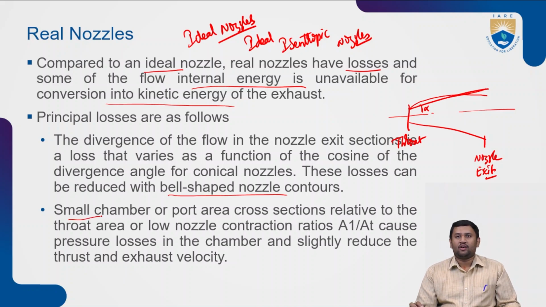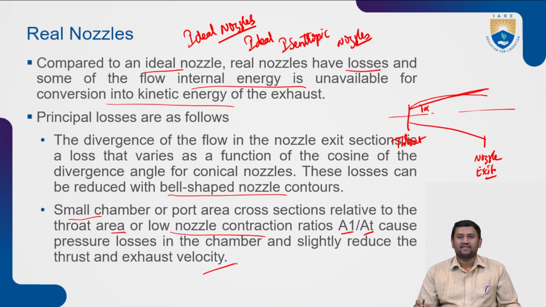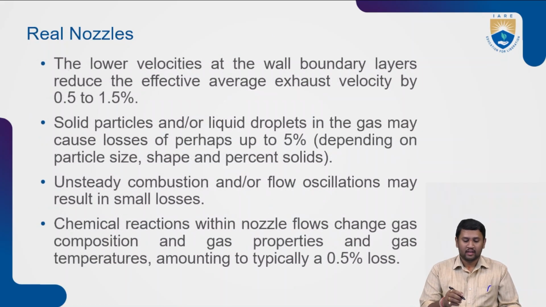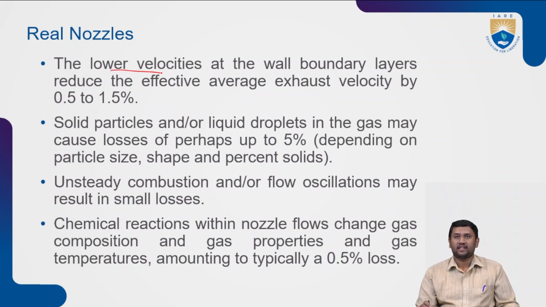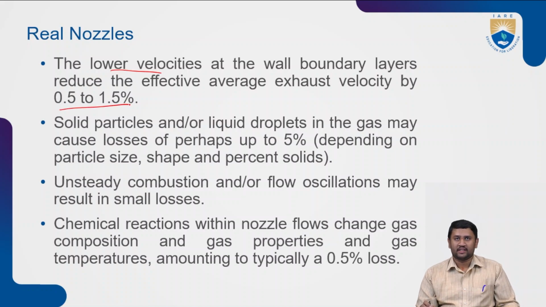A small chamber or port area cross section relative to the throat area, that is A1 to AT, the nozzle actual contraction, causes pressure loss in the chamber and slightly reduces the thrust as well as the exhaust velocity. The low velocities, particularly at the wall boundary layers, reduce the effective average exhaust velocity by 0.5 to 1.5%.